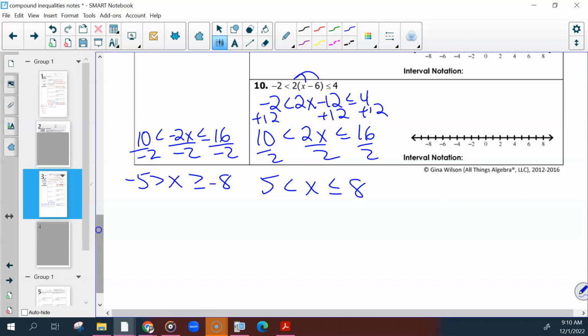But reading this, it still needs to be least to greatest. And -8 is smaller than -5, so I would switch this around so it's still in this format. So that will just have to be something you keep in mind, that the signs will still change and you might need to rearrange it.